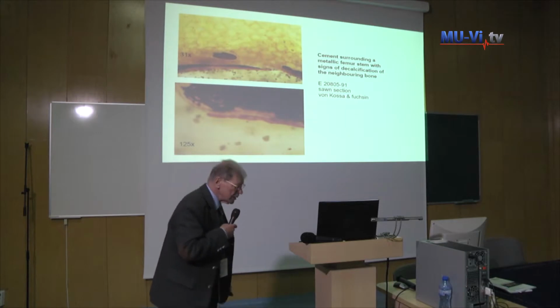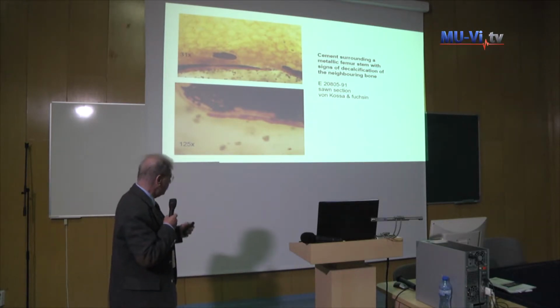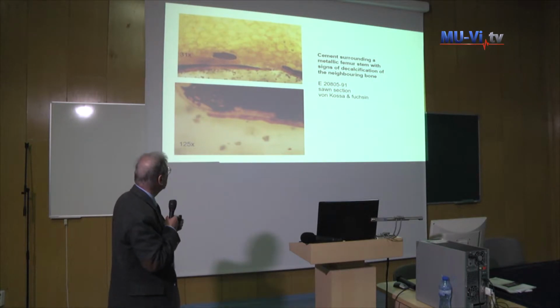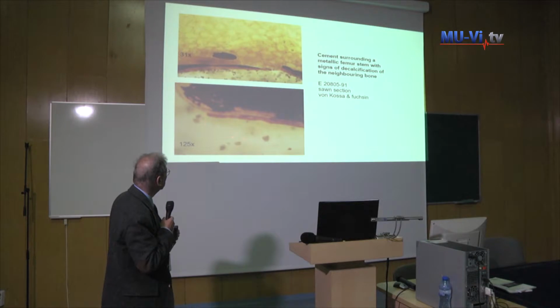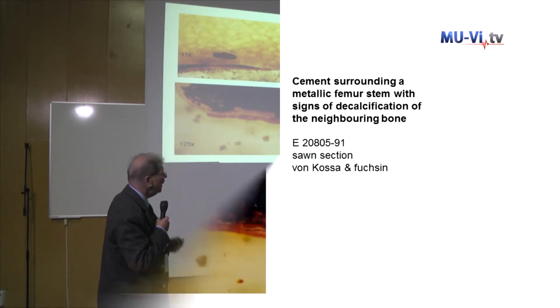This is documented in these two figures, where you see the cemented area here in higher magnification, and the bone trabeculae, and this is bone marrow, and here you see a discoloration of the bone.